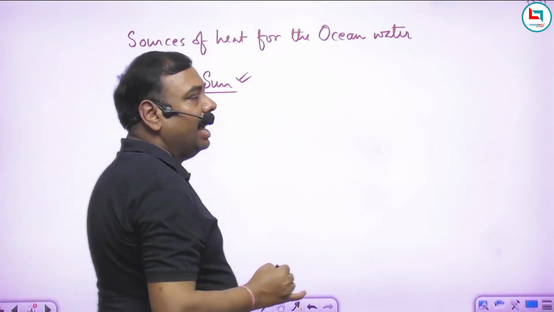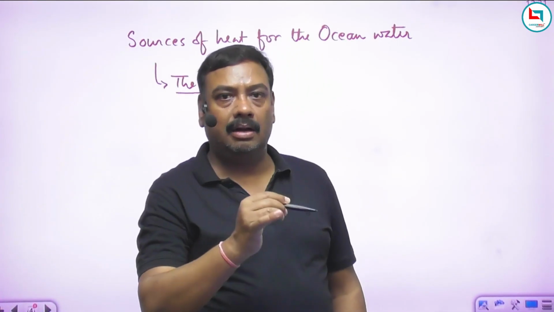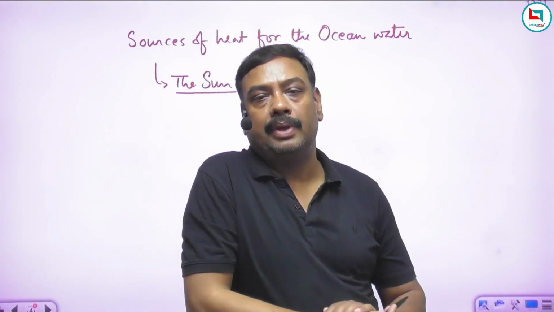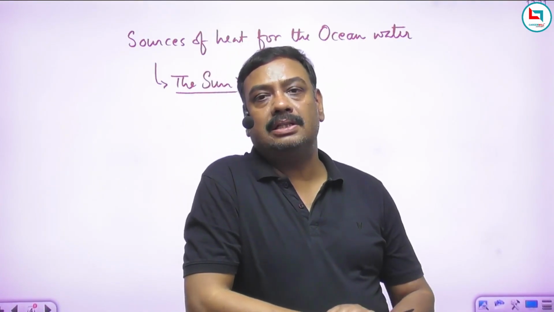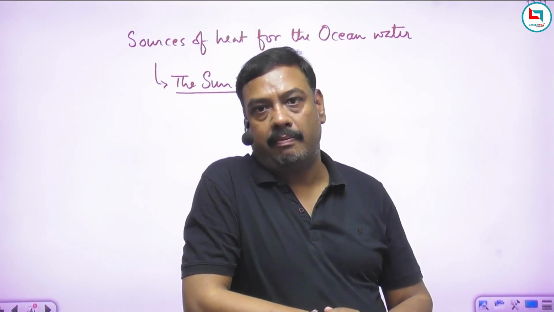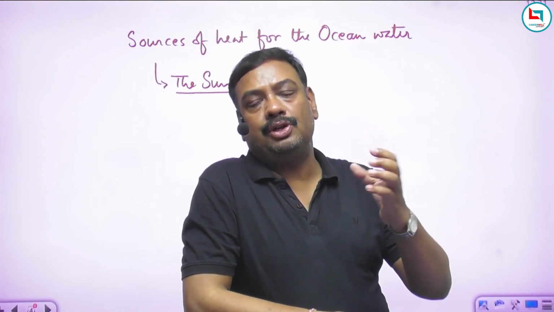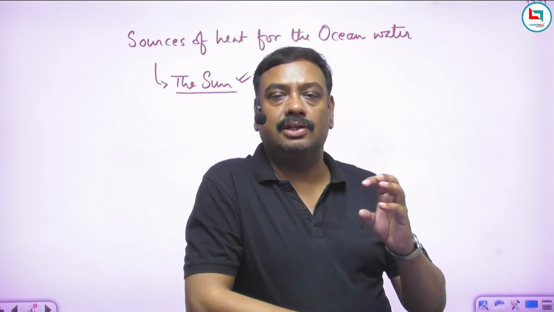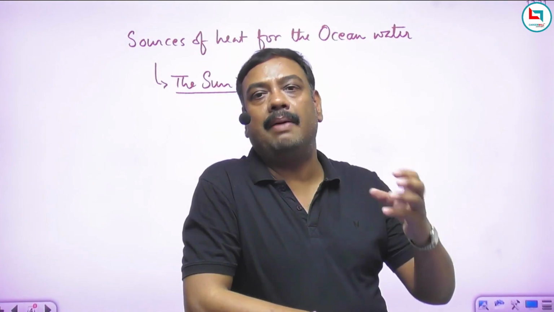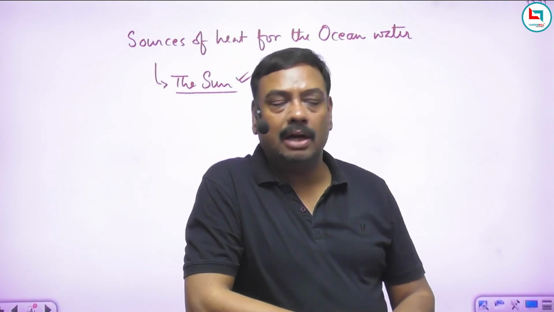And here we have to know that ocean water, unlike the land surface, gets its heat in two ways. In two ways, the temperature of the ocean water and its variation can be assessed. What are those two ways?